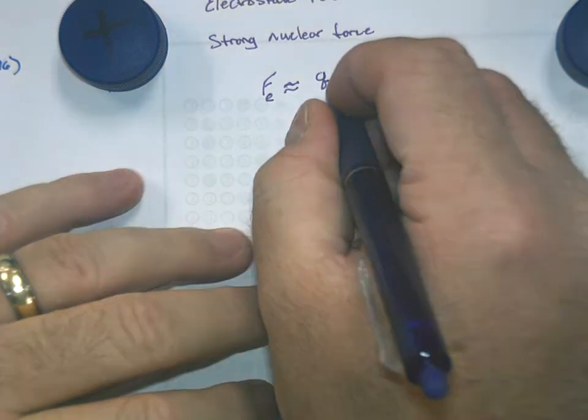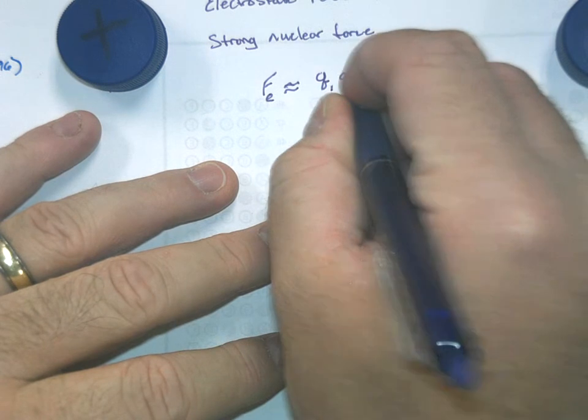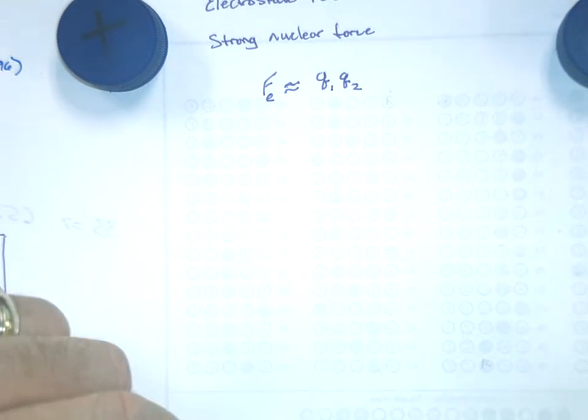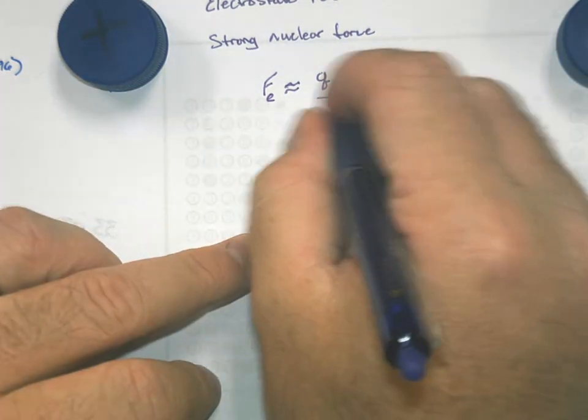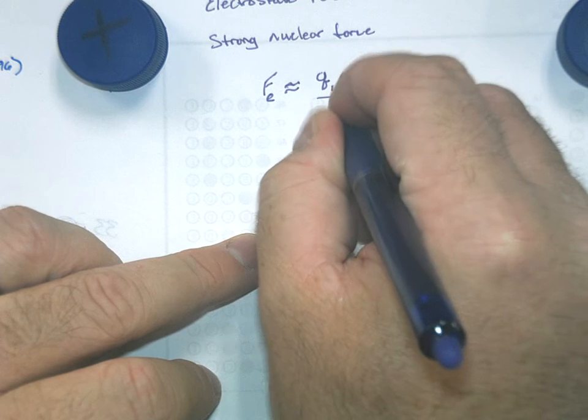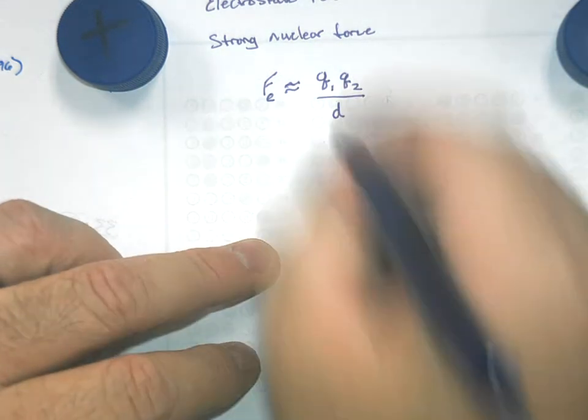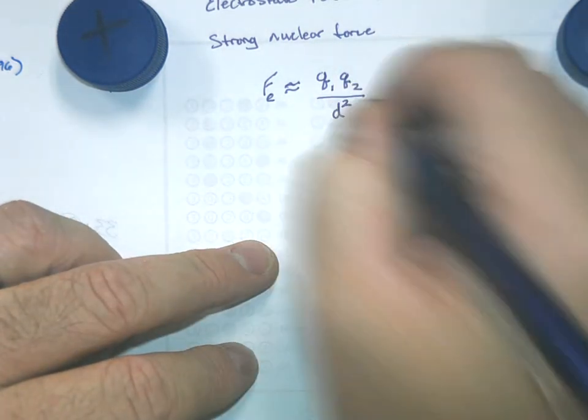So if we have these charges on these two things, divided by the distance between them, squared.